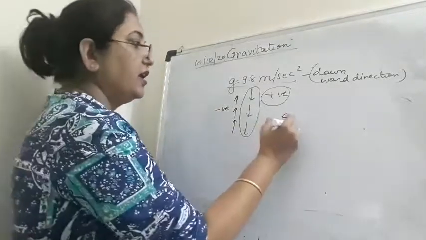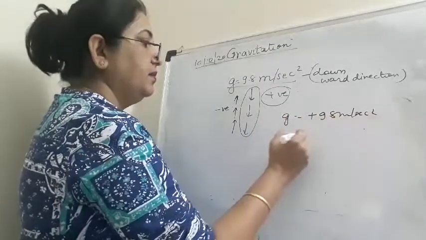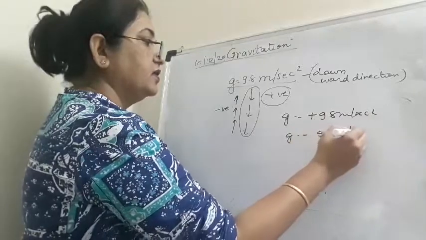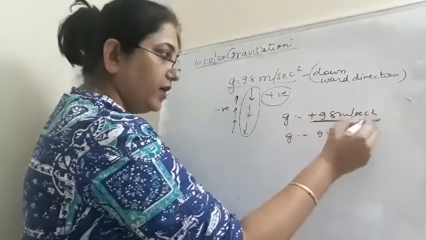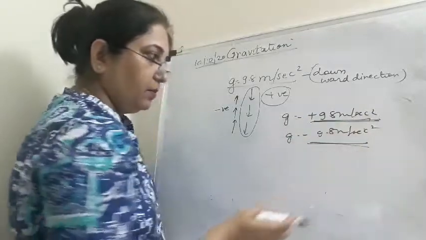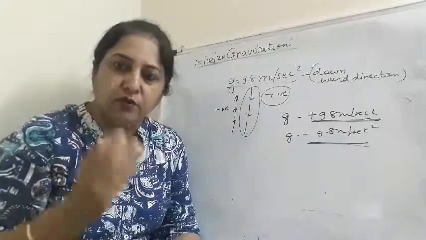Okay, so g can be plus 9.8 meter per second square and g can be minus 9.8 meter per second square, for a freely falling object or a falling down object, and for an object thrown up. So these are some points which you have to remember.